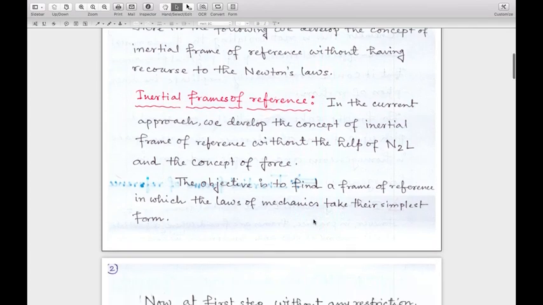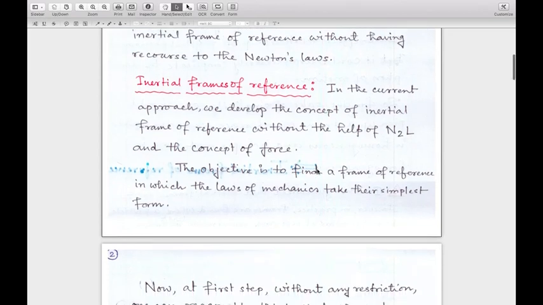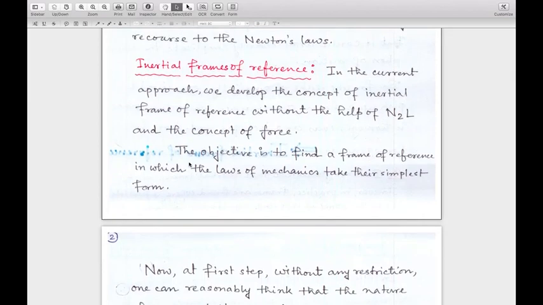Okay. Now in the current approach, we develop the concept of inertial frame of reference using some properties of space and time. And here our objective is to find a frame of reference. Before, the objective was to find a frame of reference for which Newton's laws were valid.